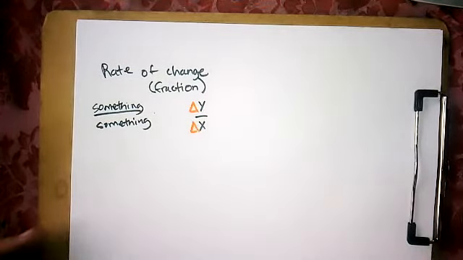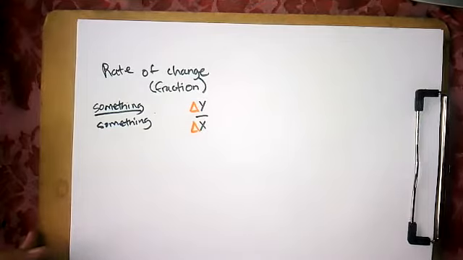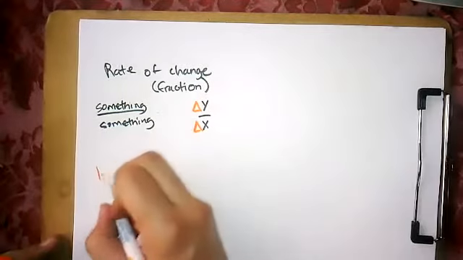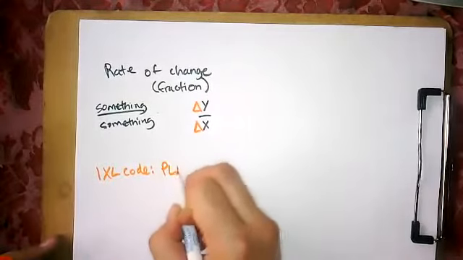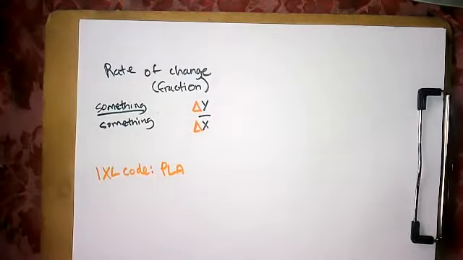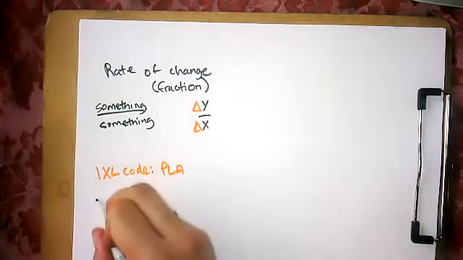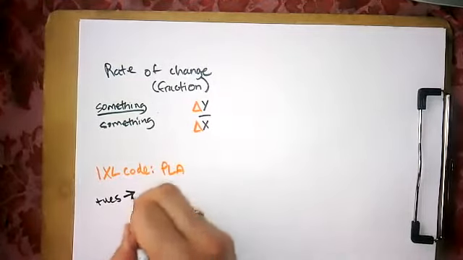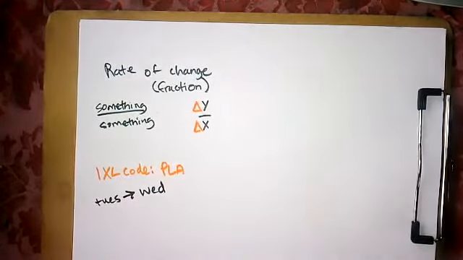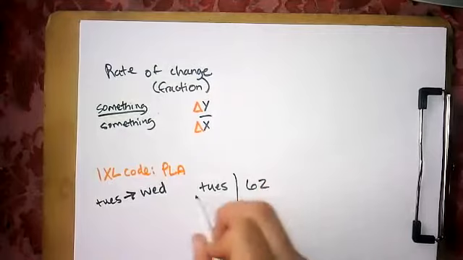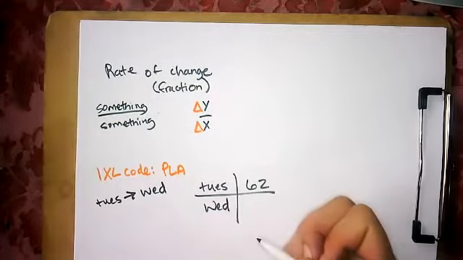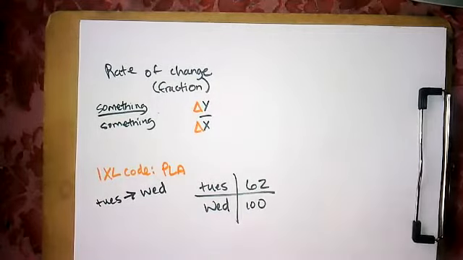So when you're looking at a problem like the one I have on the left side of the screen, this is IXL code from last week, PLA. It's asking you what the rate of change is from Tuesday to Wednesday. All you're paying attention to is what happened on Tuesday when there was 62 versus Wednesday when there was 100.